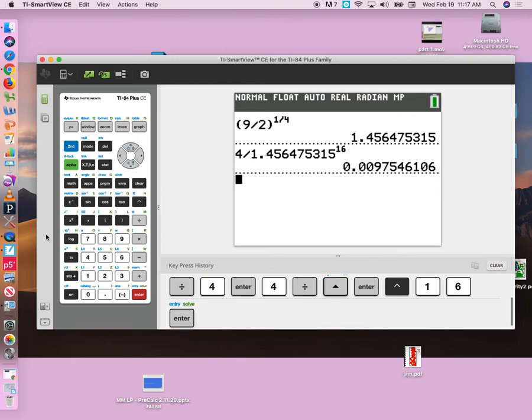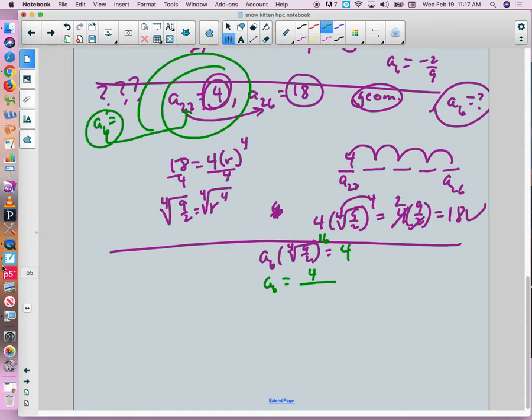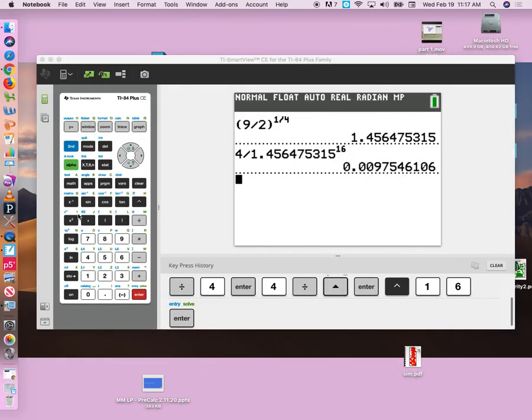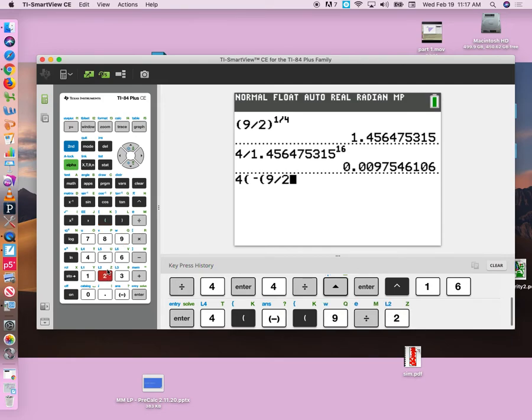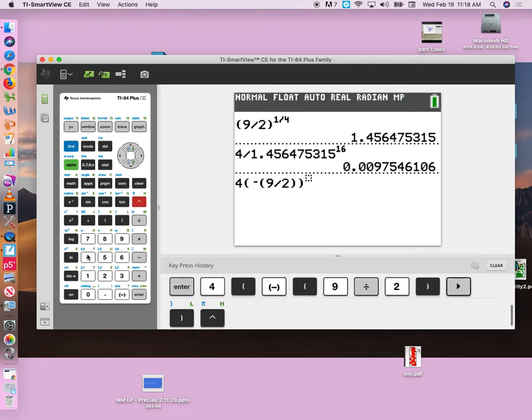Now watch this. Everyone look up here. What would happen if I took 4 and multiplied by negative 9/2 to the 4th power? That's not what I want, I'm sorry.